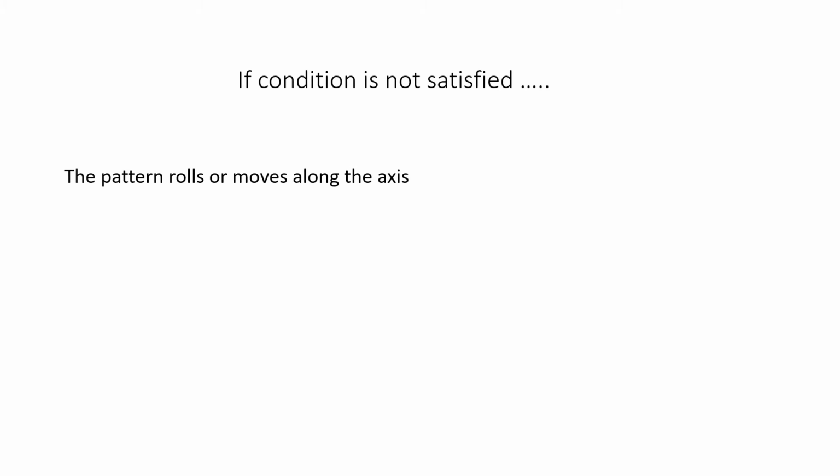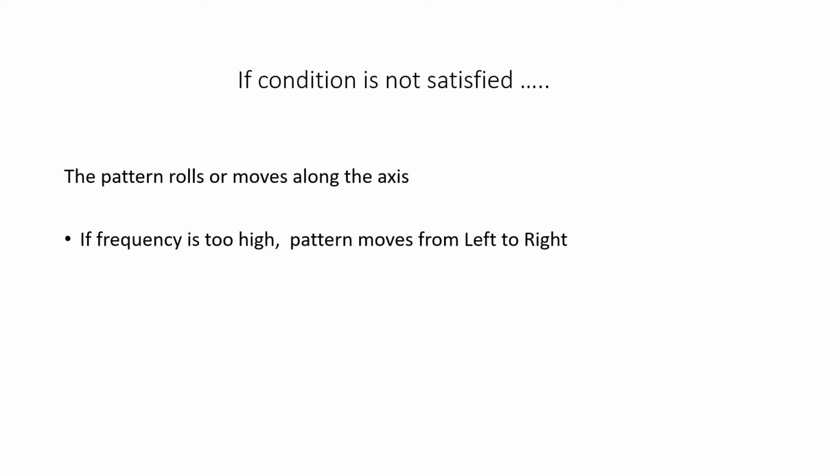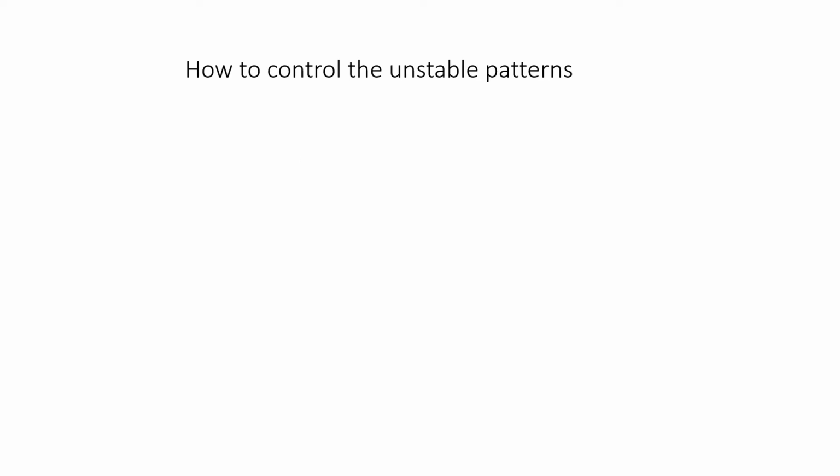So, as we discussed, if the condition is not satisfied, that is, the vertical signal should be exactly equal to or a multiple of the ramp or sawtooth waveform, then the pattern rolls or moves along the axis. If the frequency is too high, the pattern moves from left to right. If the frequency is too low, the pattern moves from right to left.